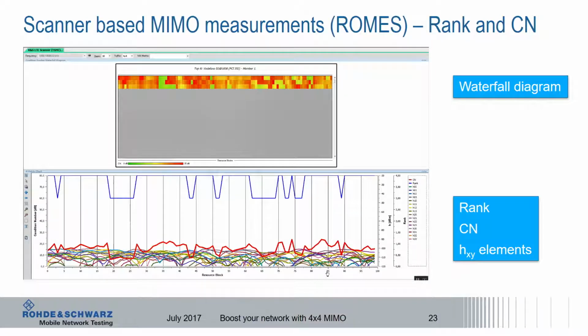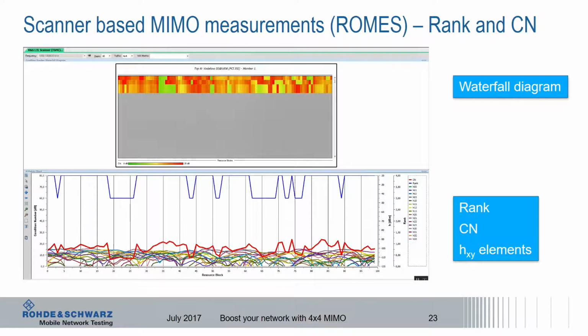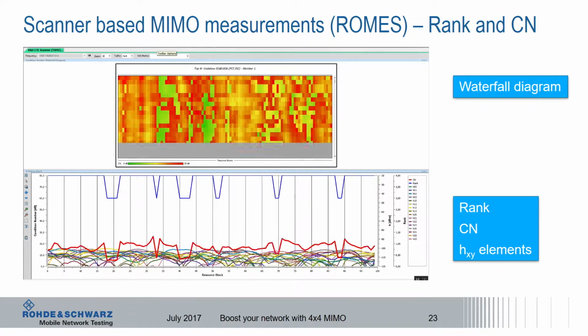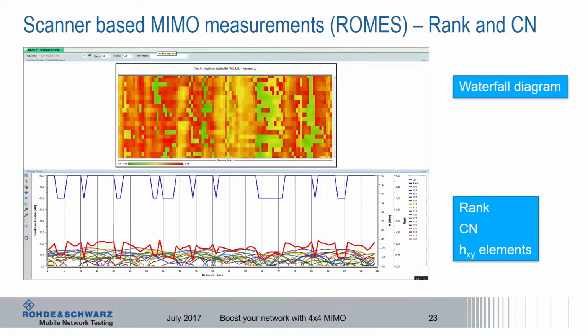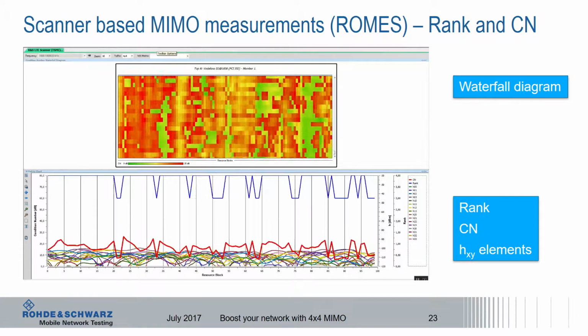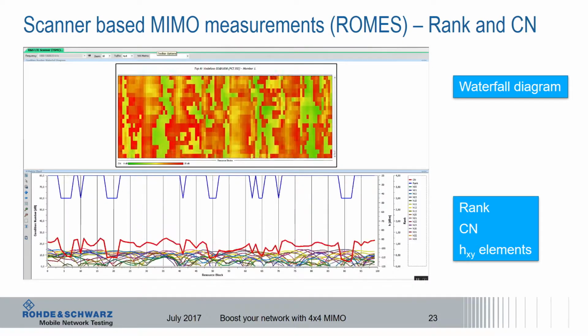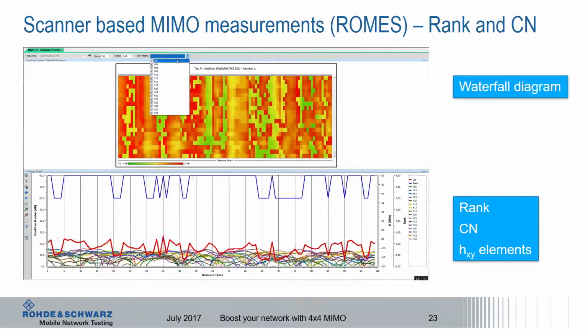In the following graph, this is a snapshot where we can measure the rank and the condition number. In the video, which is now playing, you will see in the waterfall diagram in the upper part the color-coded condition numbers, and you can even hover with the mouse over this graph to see more detailed information about the individual rank and the individual condition number per resource block.